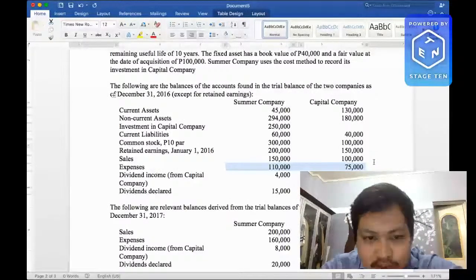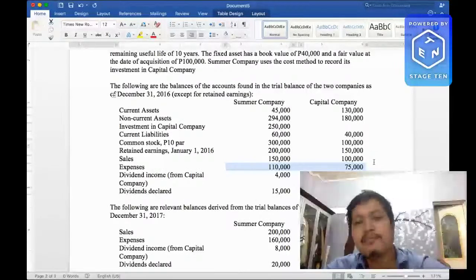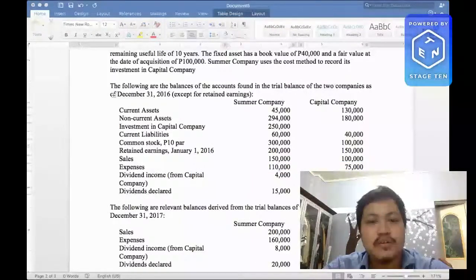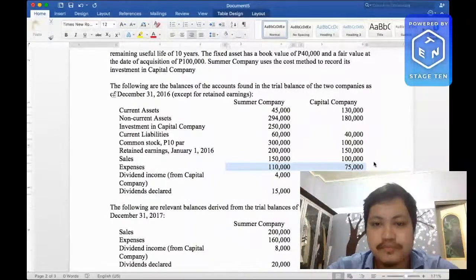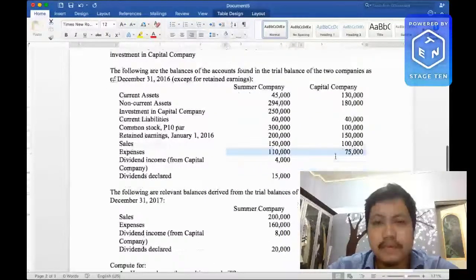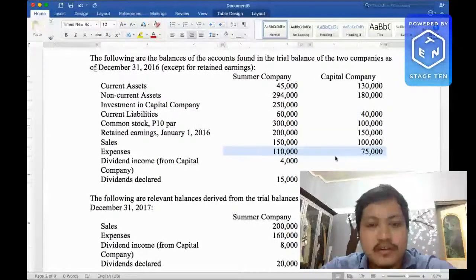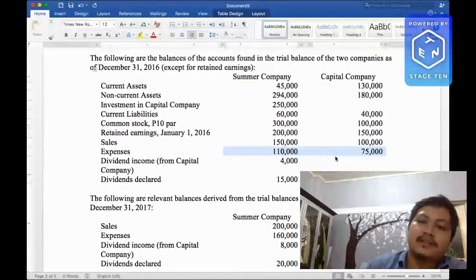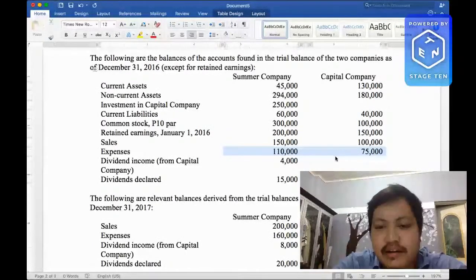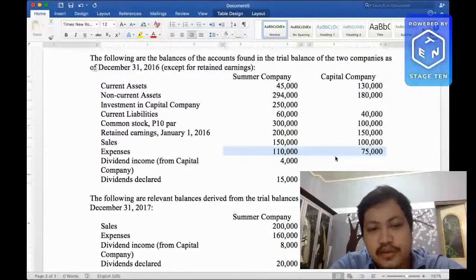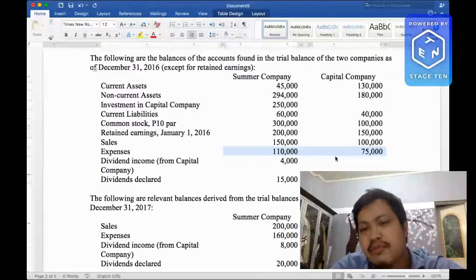Okay. So solve now first for the income of the parent from its own operations. The parent has sales of 150 and expenses of 110. So that means it has a gross profit of 40. Then it also has dividend income in the amount of 4,000.